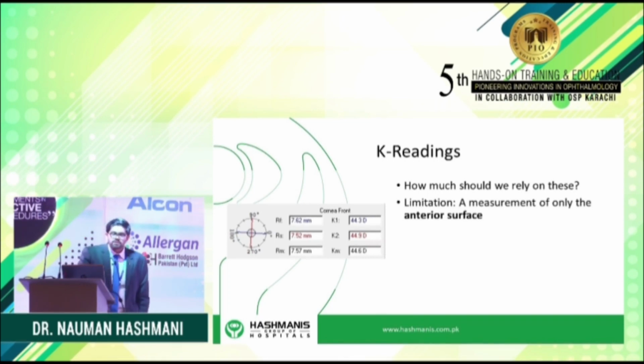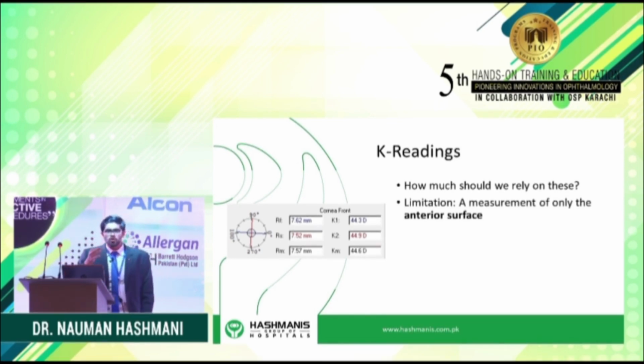Now, another concept that we have in a lot of the setups that I see is that we rely a lot on something called K readings. Now, this K reading has a very similar problem as the curvature maps or the topography: they only look at the anterior surface of the cornea, and a lot of them only look at the central 3 millimeters of the cornea.